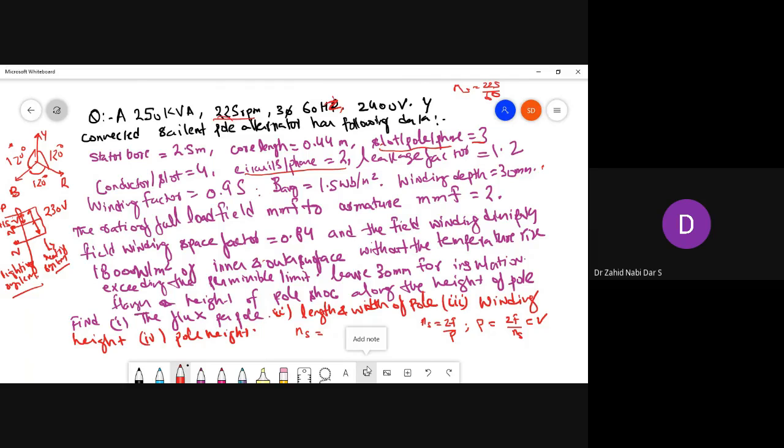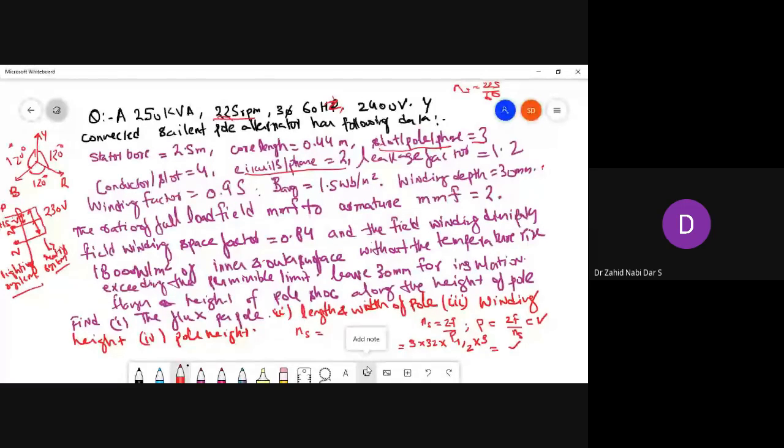So to calculate the total number of slots, it will be slots per pole per phase, 3, into 3 by 2 for the poles. For one phase there is half the slots, half slot for one phase. For three phase it would be 3 by half. Here you calculate the total number of slots.